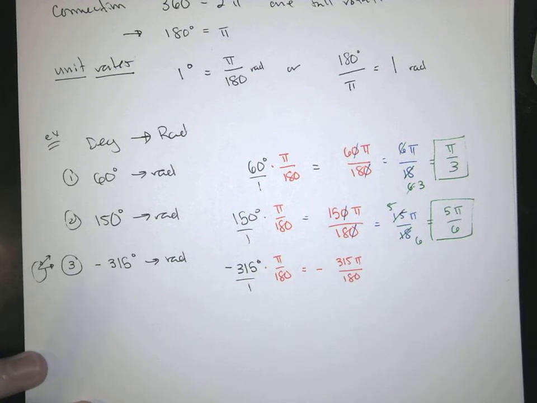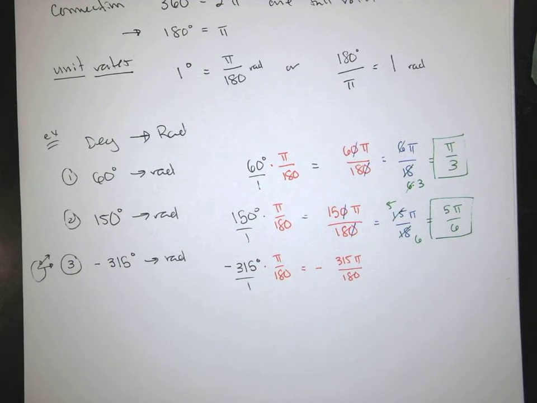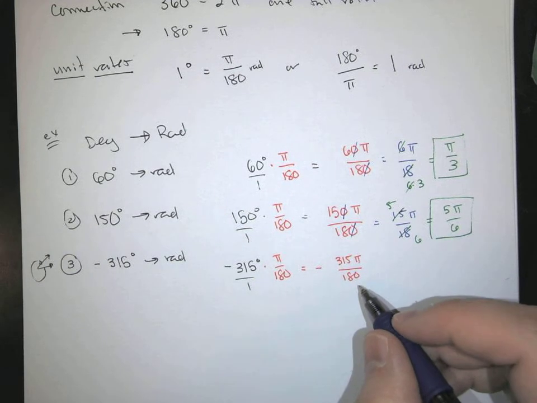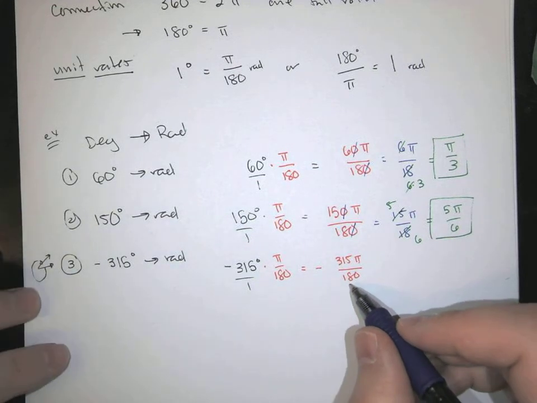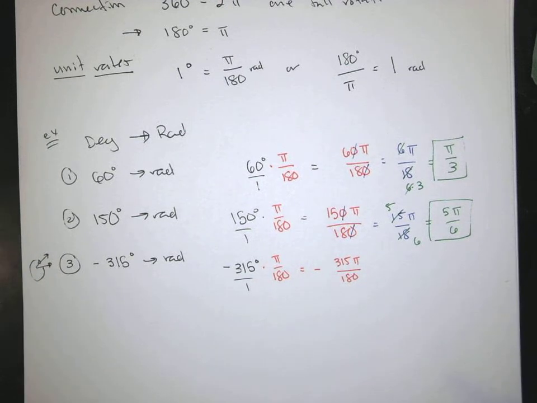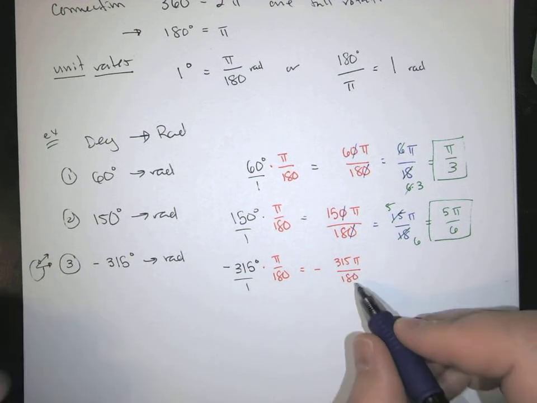This is maybe a little bit less obvious to reduce. We could go by 5s: 315 and 180 are both reducible by 5. Let me think on my feet and figure out what these are going to be. 200 would be 5 times 40, so 180 would be a little bit less than that. This is going to be 5 times 36.